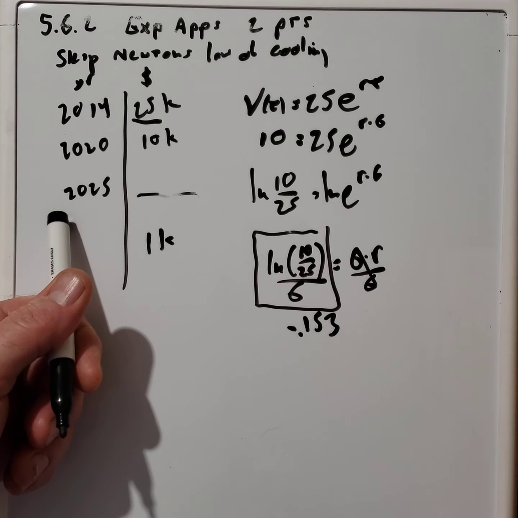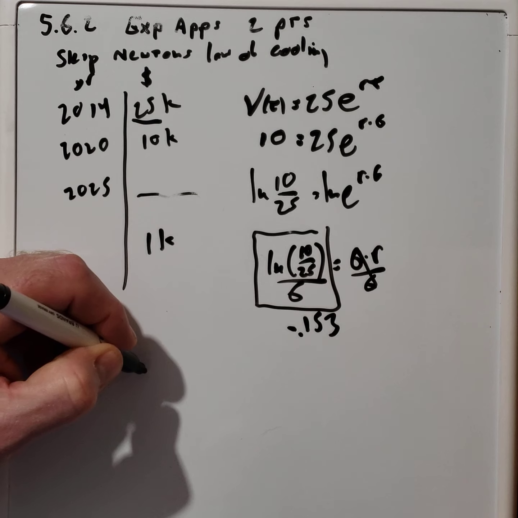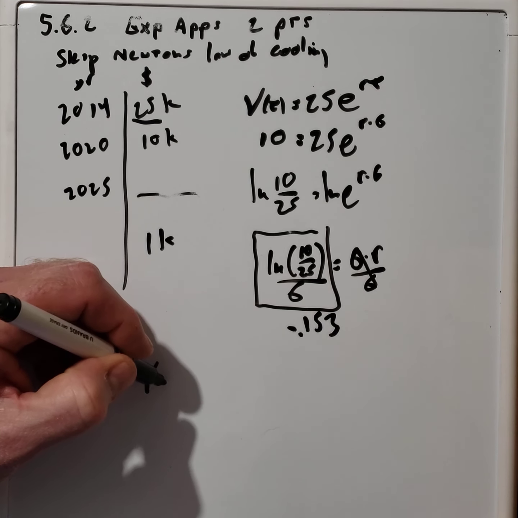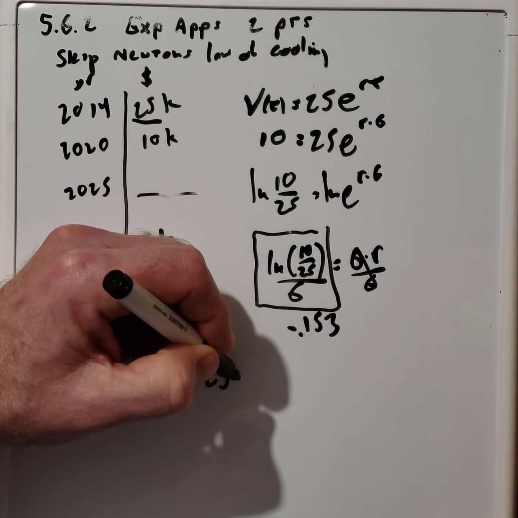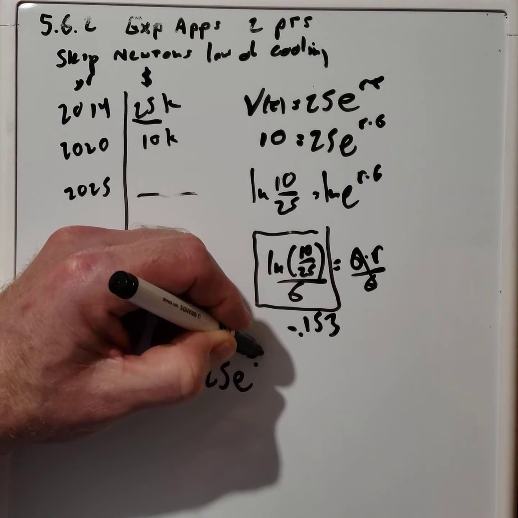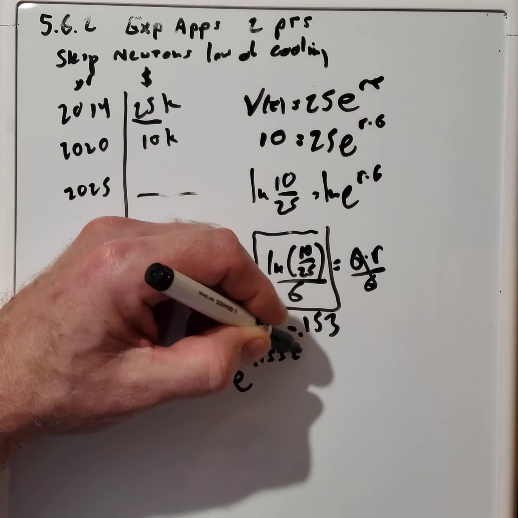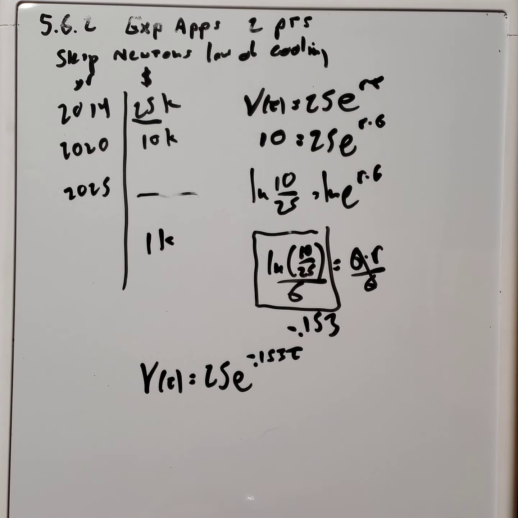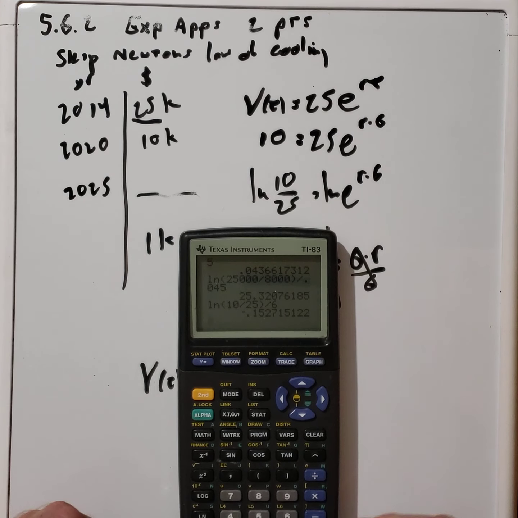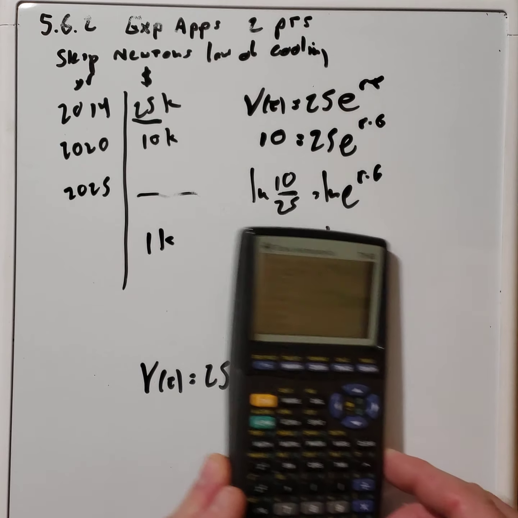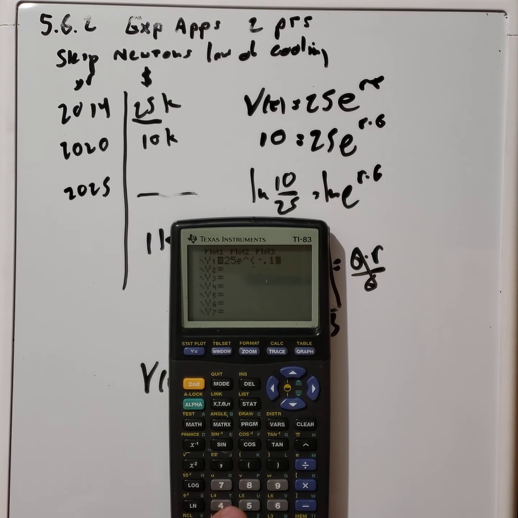So now to answer our questions, we've got our equation, v of t equals 25 e to the negative 0.153 t. And we can do this by hand, or we can put it in the calculator. Right? We've been putting stuff like this in the calculator all semester, no challenge. 25 e to the negative 0.153 t.